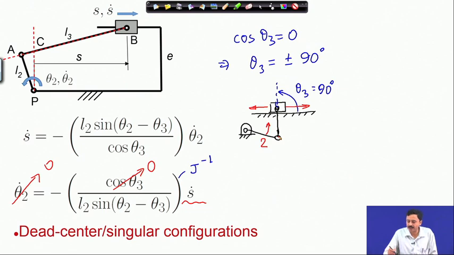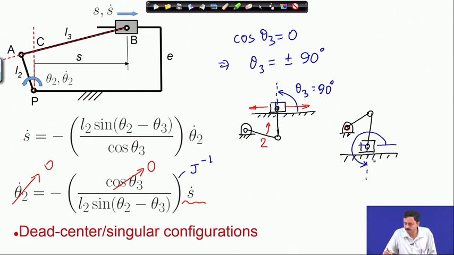In a similar manner, I can have the other configuration of minus 90 degree in a situation like this. Remember that angles are being measured like this.